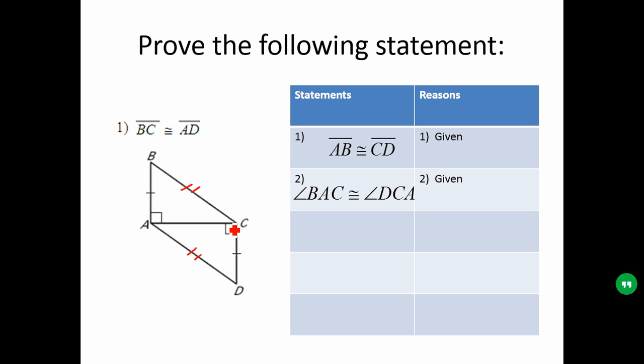Now we also know that AC is congruent to itself. So we can specifically state that AC is congruent to AC. And remember, when two triangles are pushed up together and they share a side, that is the reflexive property.